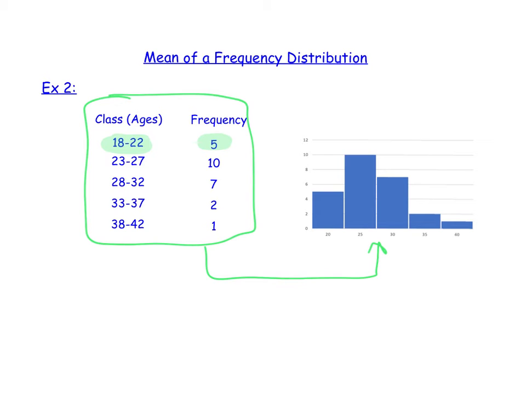If they're all 18, you'd have 18 times 5, but if they're all 22, then it'd be 22 times 5. Well, the problem is we don't know if there's a bunch of 18 or a bunch of 22, or if they're all 20, whatever. So what we're going to do is give it our best estimate. And the way we're going to estimate is we're going to find the middle.